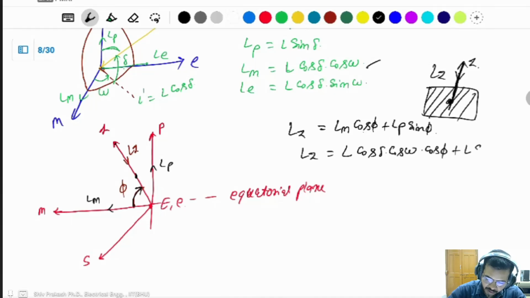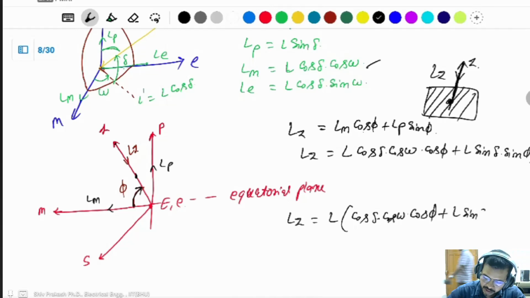LP is equal to L sin del into sin phi. Simply calculate the zenith axis insulation: L cos del into cos omega into cos phi plus L sin del into sin phi.